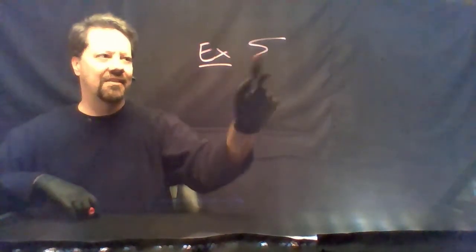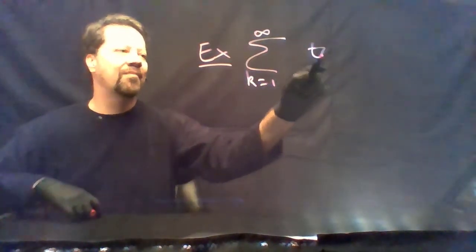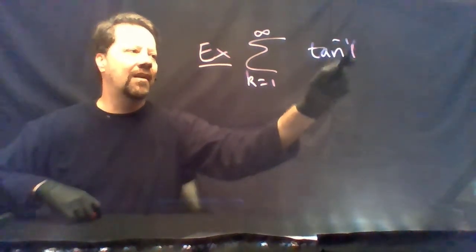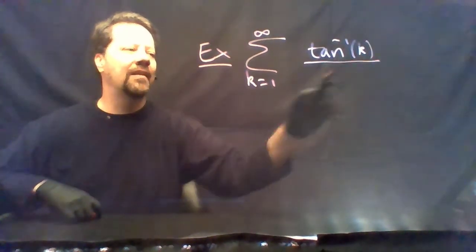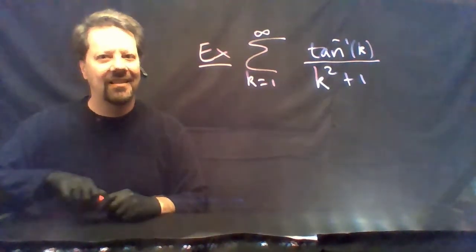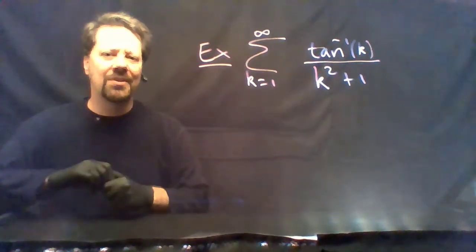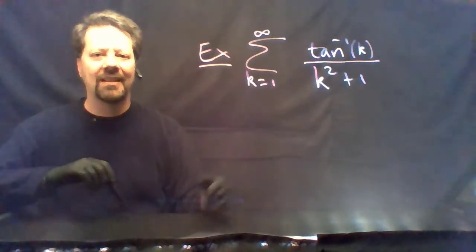Let's look at another series. The sum as k goes from 1 to infinity of the arctangent of k divided by k squared plus 1. Converge or diverge, and what method might we use to prove one way or the other?